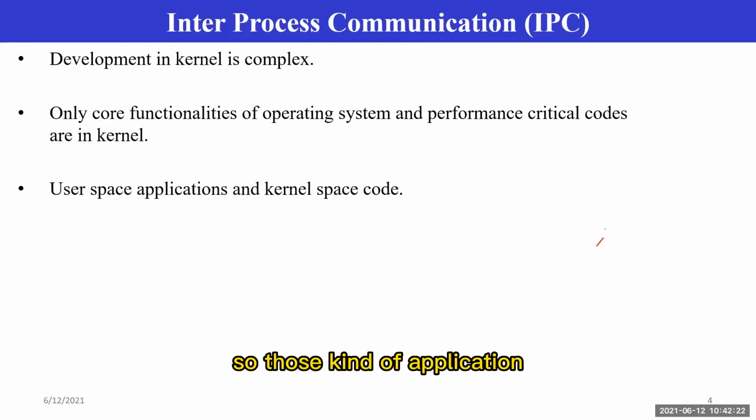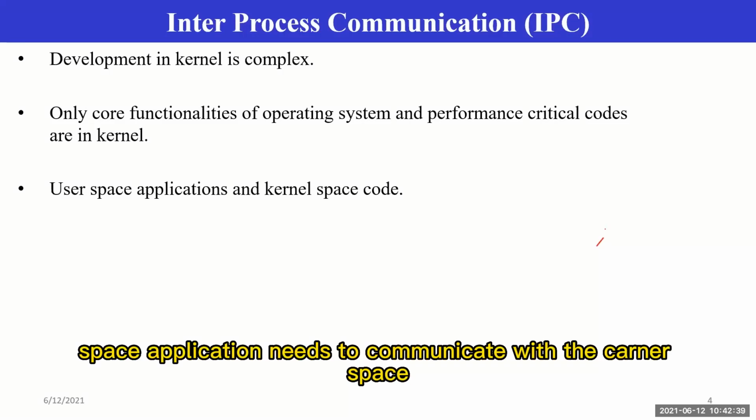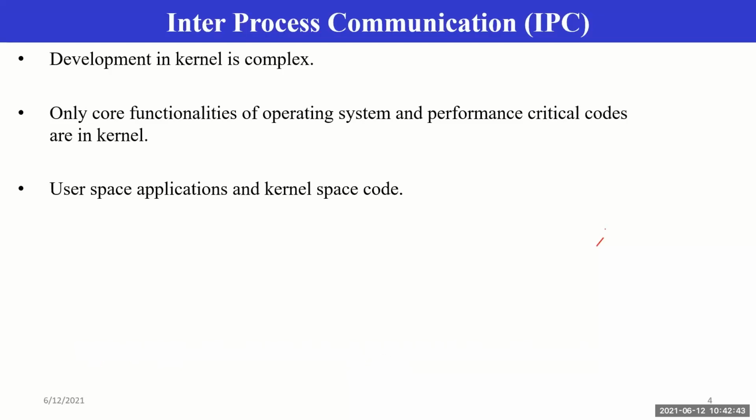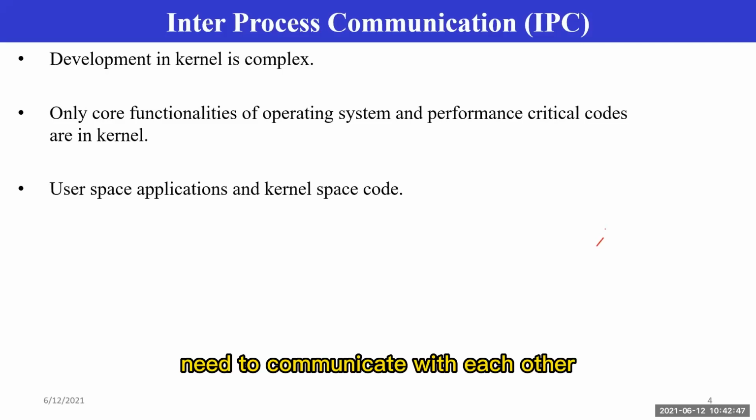So for those kinds of applications, Netlink is not there. Netlink is not for those kinds of applications. Netlink is only required or only used when a user space application needs to communicate with the kernel space, or two kernel modules need to communicate with each other.